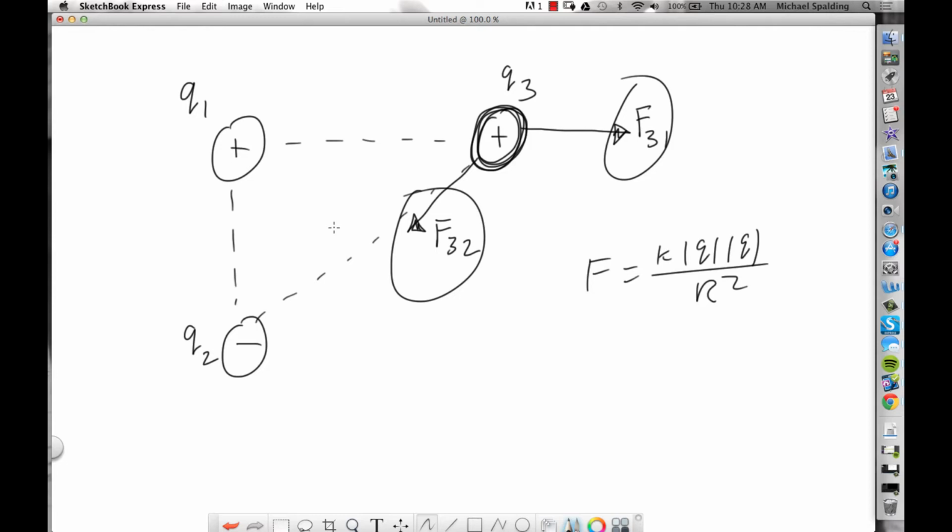You got to find total x, total y, put them tip to tail, do the Pythagorean theorem. Once you've done this calculation, you're back to first semester, right? Just doing vectors. That's all it is. Simplifying those forces. Okay, so that's the start of chapter 15.